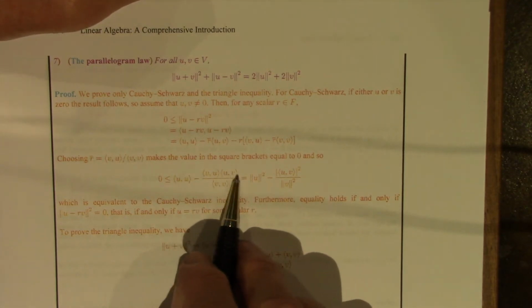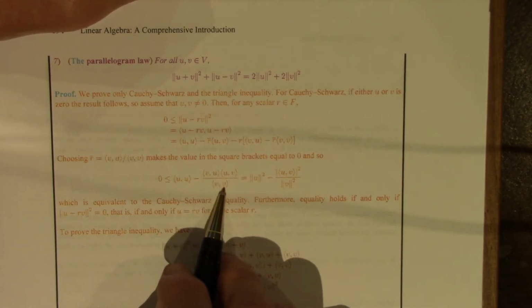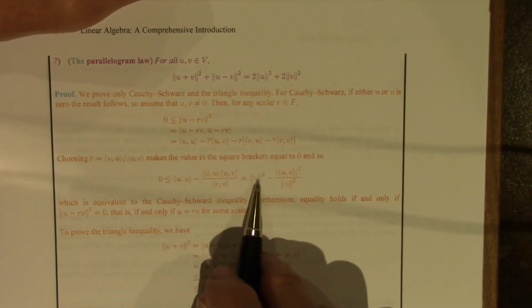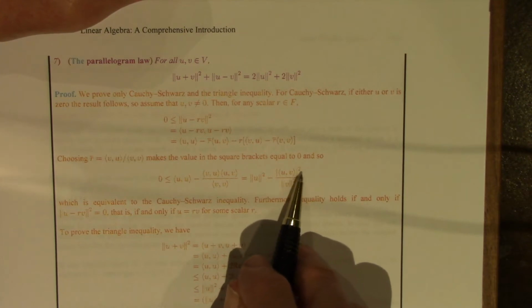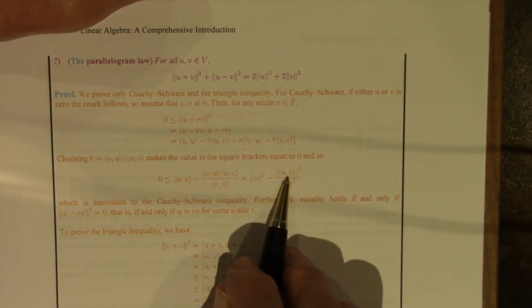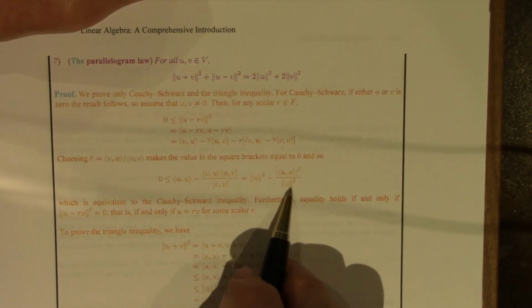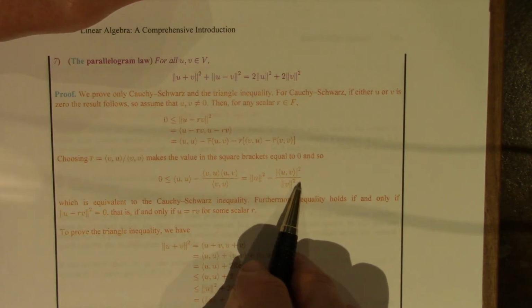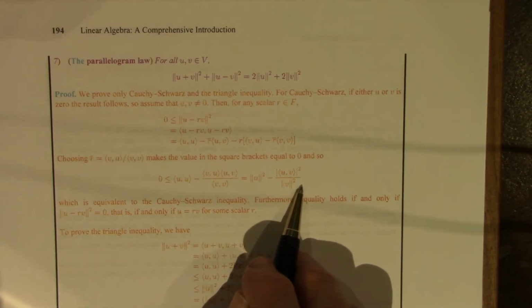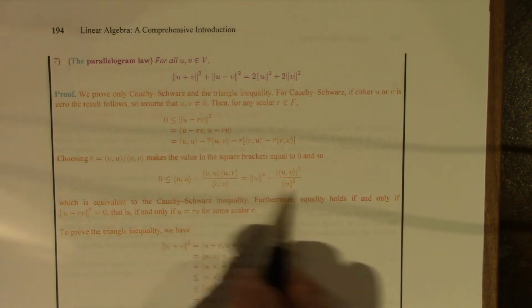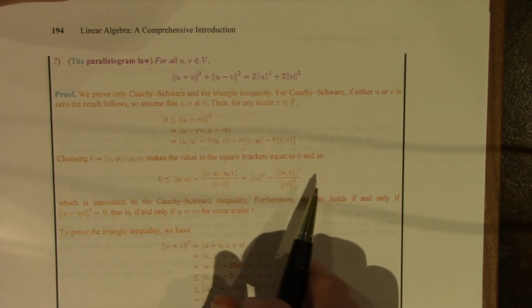So here's the uv and here's the r bar. And this is the norm of u squared minus the absolute value of uv squared divided by the norm of v squared. That is the Cauchy-Schwarz inequality. Just scramble things around.